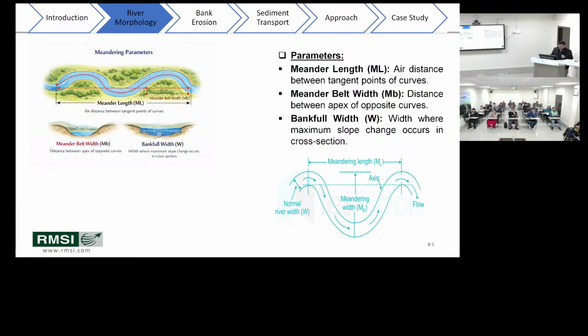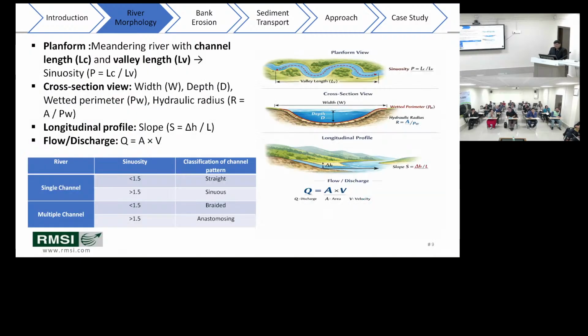Coming to the parameters used for calculation: if we see one section of a river in sinusoidal form, from the air distance till the last, we call it the meander length, and meander width is the distance between the opposite apexes of the river, and width is the bankfull width. These are used to calculate the sinuosity in planform.